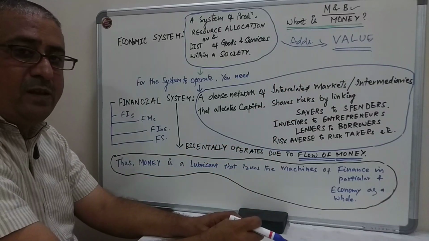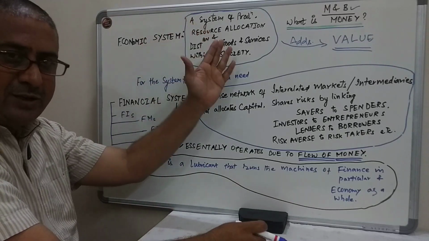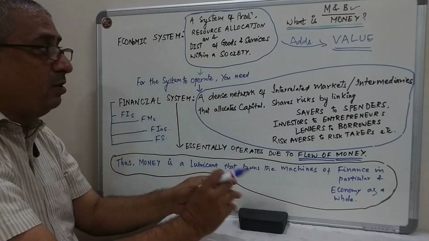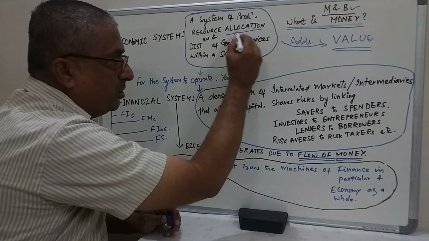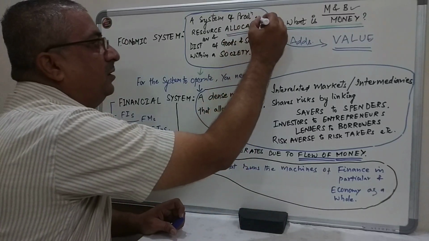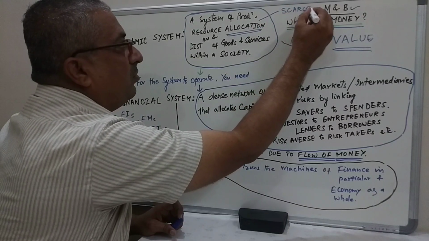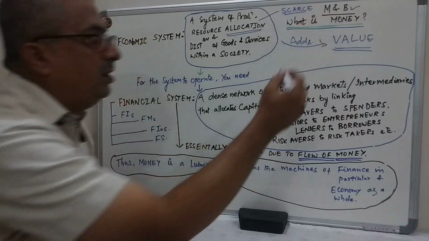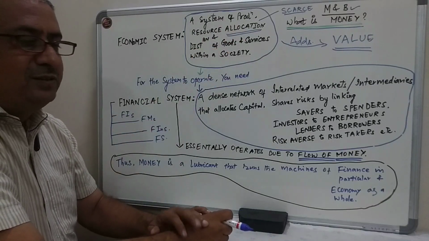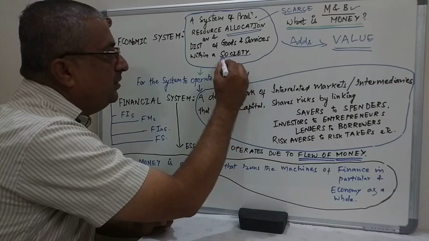Economic system is all about production of goods and services, resource allocation. The important word here is allocation. Why allocation? Because whatever you produce, the goods and services are scarce. Remember the concept of scarcity.